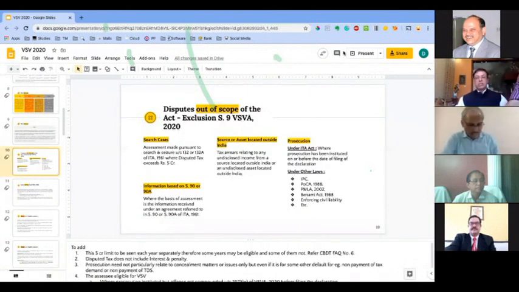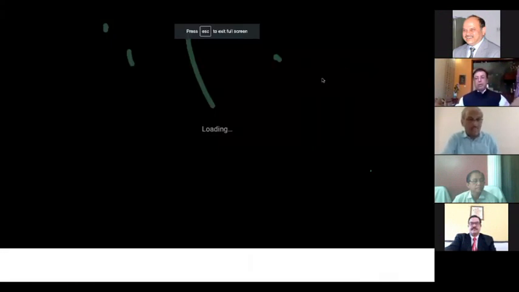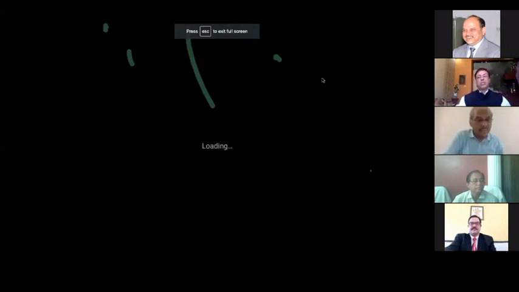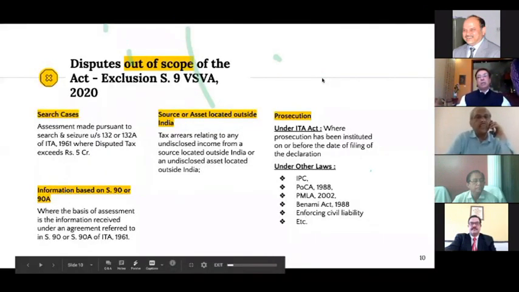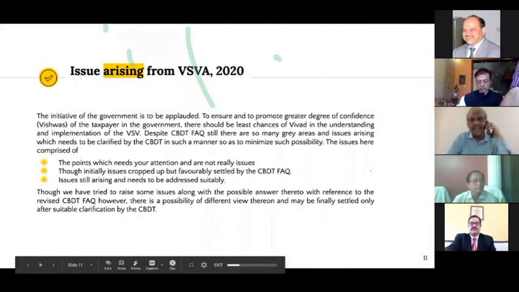And secondly, there are issues which initially cropped up in my mind, like the pendency of the appeal, which I'll discuss, but later it was favorably decided by the CBDT, and for your knowledge, I would be covering those aspects also.